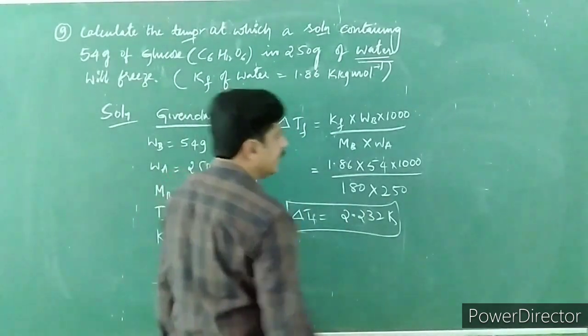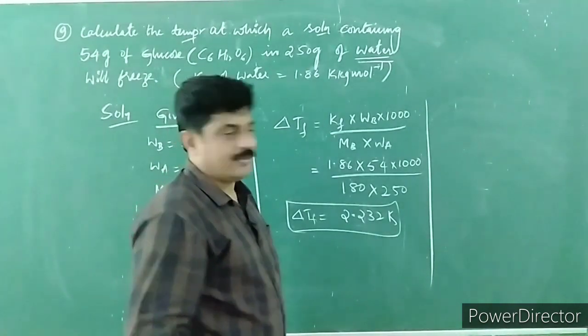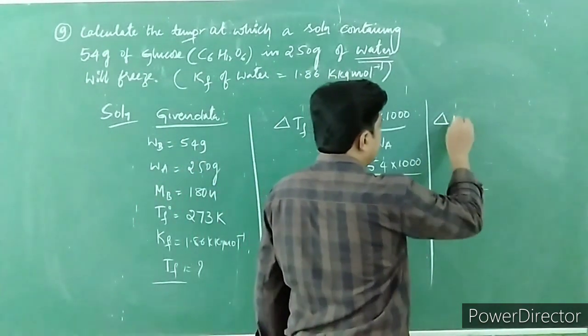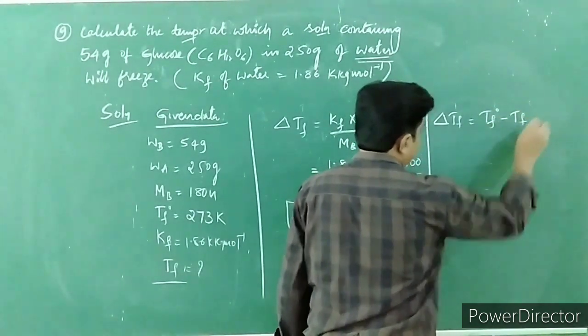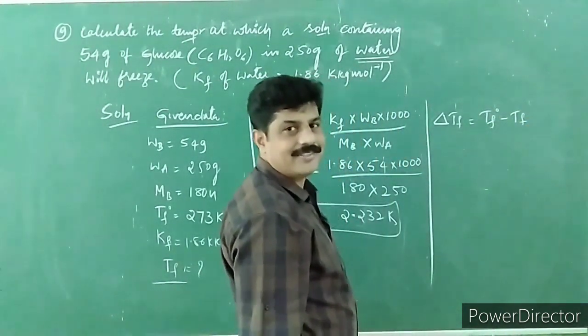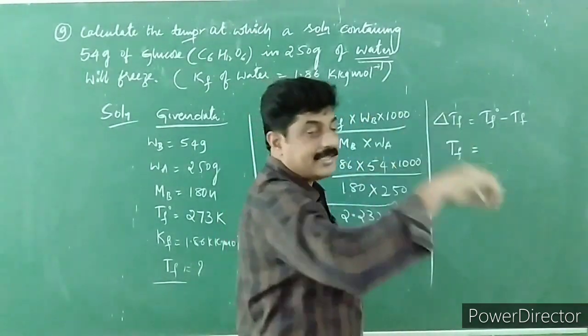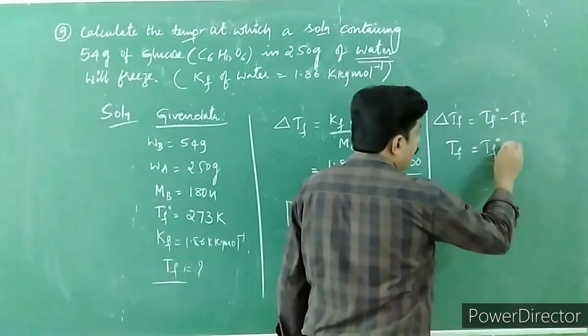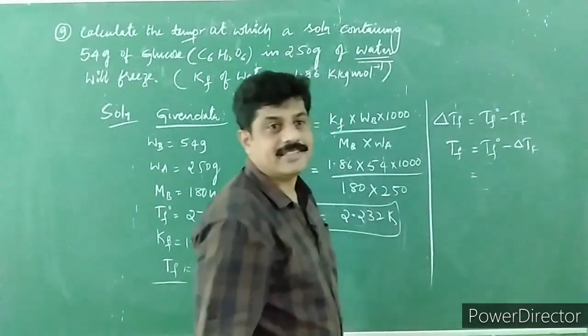Now once you get delta Tf, it is easy for me to go for finding the freezing point of solution with the expression delta Tf is equal to Tf naught minus Tf. Is it not? Now Tf is equal to Tf naught minus delta Tf. What is Tf naught here, children?